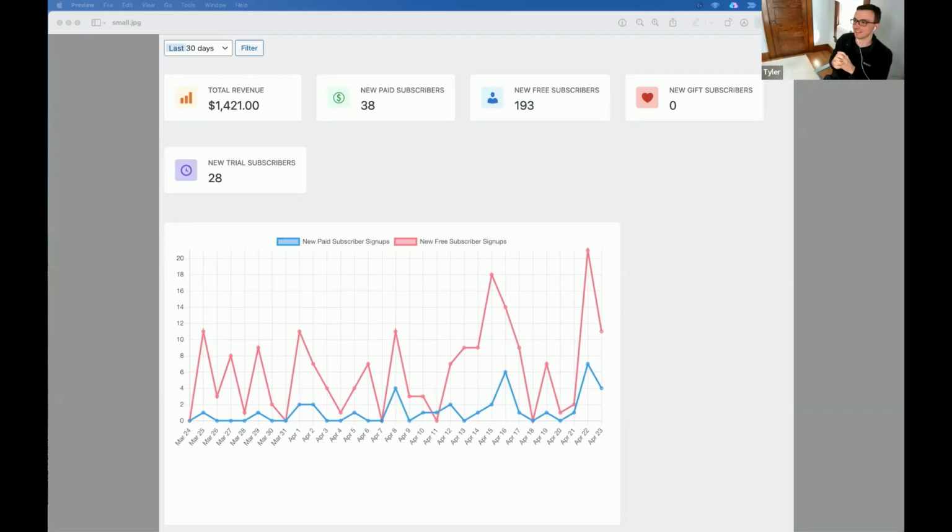Okay, gotcha. I get this question a lot too, because publishers are a bit nervous to set up a free registration or any kind of gated scenario. The data that you're looking at in this chart here, with the 193 free subscribers, this is one free article to the masses. So on your first visit to the site, I get the article for free.